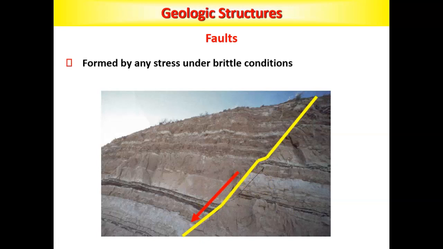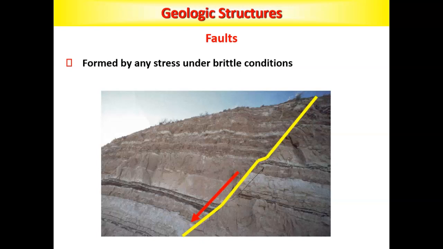So this is what happens when we have brittle deformation. We want to investigate how to tell the difference between different types of motions that we see, because unlike our folds, where we argue that the dominant type of stress causing them is compression, for faults we can have all three of our stresses applied to the rocks and create a fault.